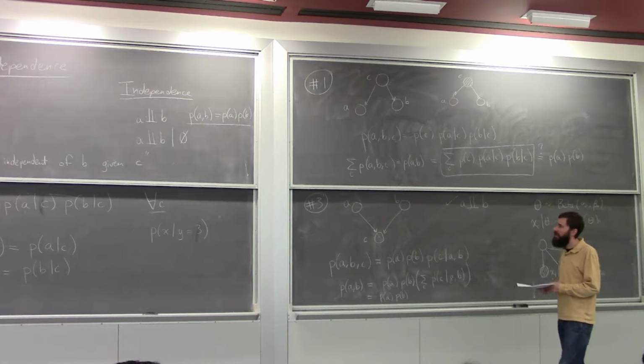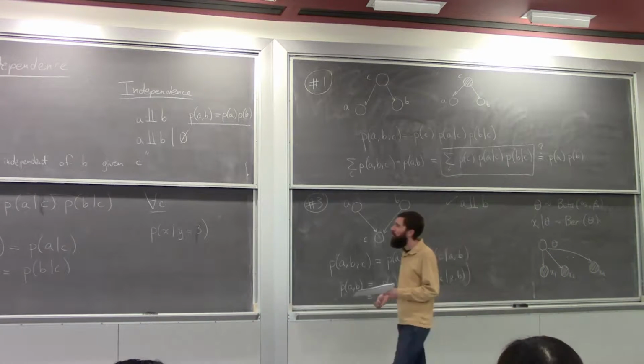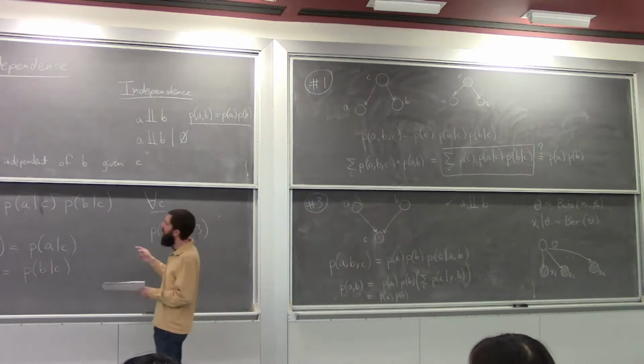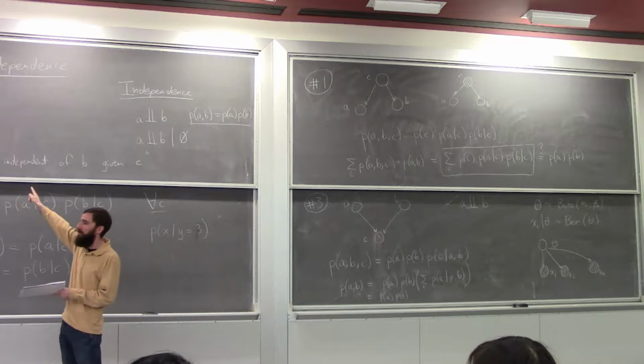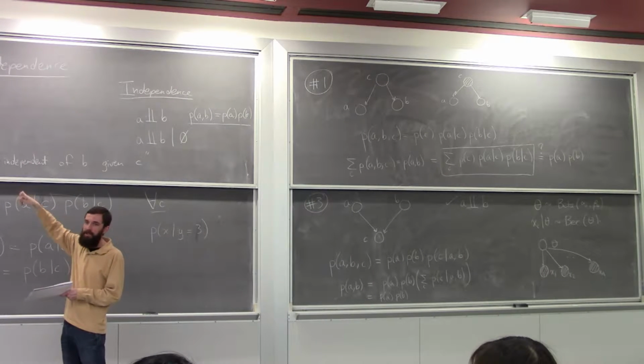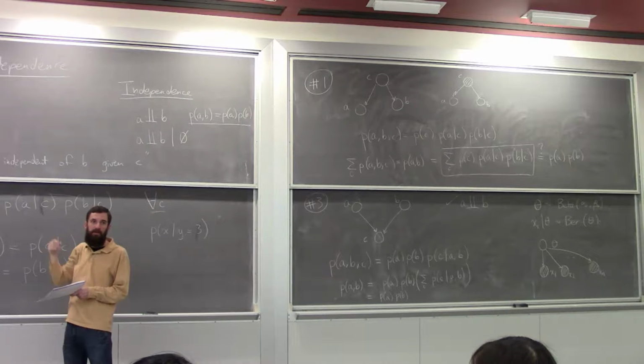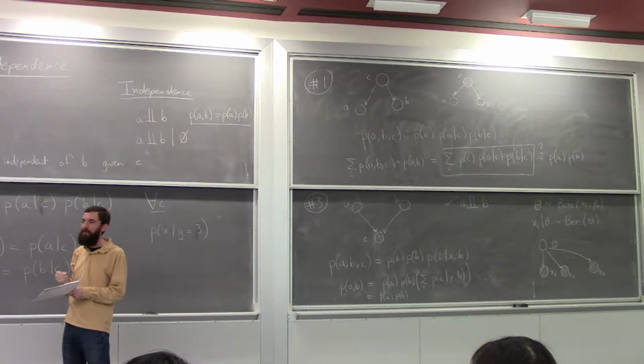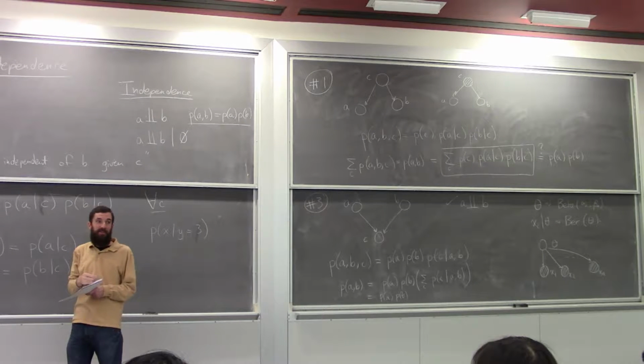Given that A and B are independent, who wants to take a quick guess? If A and B are independent, do you think they're conditionally independent if I do observe C? This will really test your guesses. So you think they're going to be conditionally independent if now I observe C?